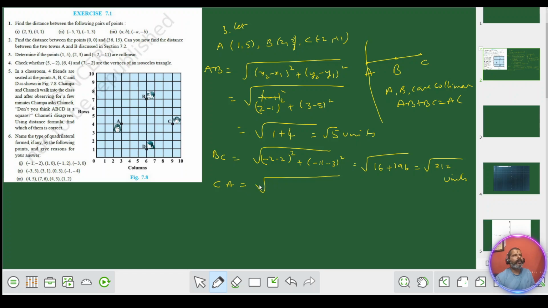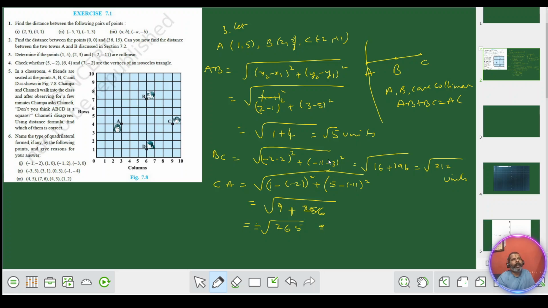So (1 minus minus 2) whole square, that is x2 minus x1, where x2 is 1 and x1 is minus 2, which is C's x coordinate, plus y2 is 5, which is A's y coordinate, and y1 is C's y coordinate. 1 plus 2 is 3, 3 square is 9, plus 5 plus 11 is 16, 16 square is 256. 9 plus 256 is 265.